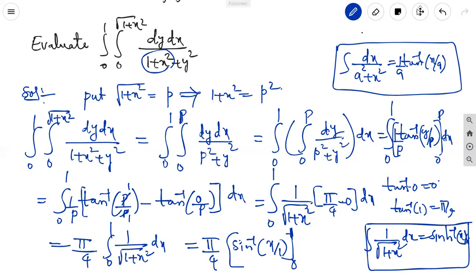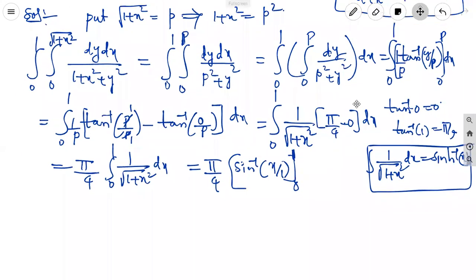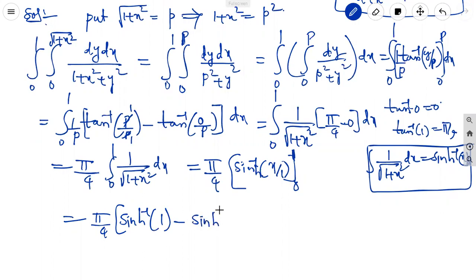Now we apply the upper limit and lower limit. Pi by 4, sine h inverse of x, that is 1 by 1 is 1, minus sine h inverse 0 by 1.